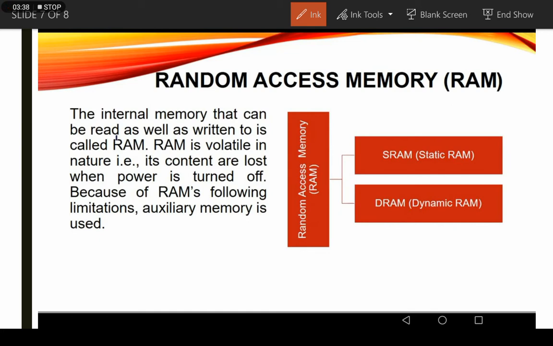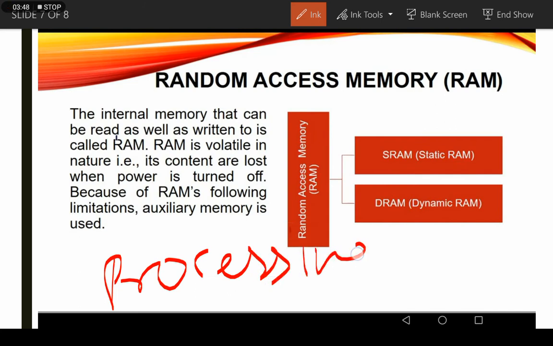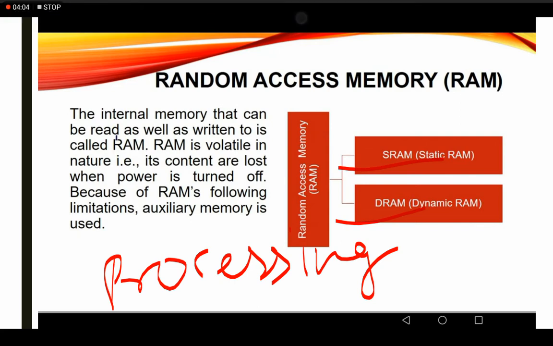So it is only used for processing the data. There are two types of random access memory. First one is SRAM, which is static RAM. Second one is DRAM, which is dynamic RAM. So two types of RAM.